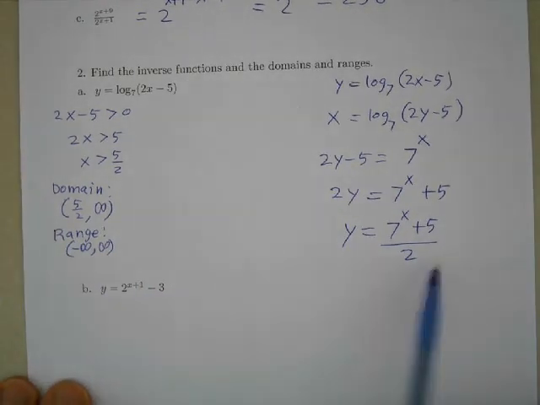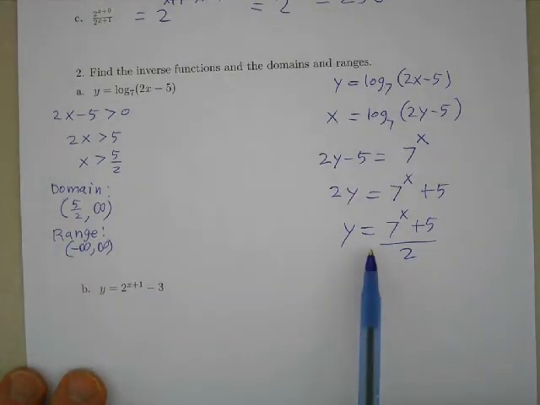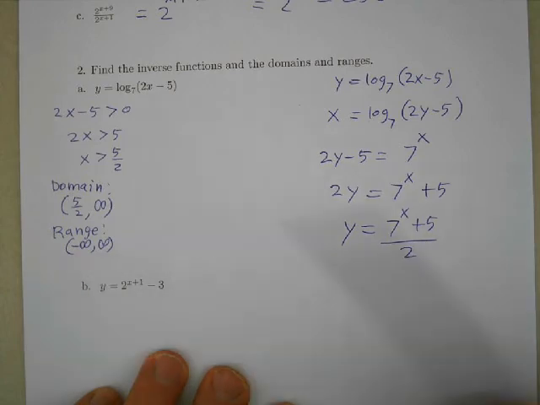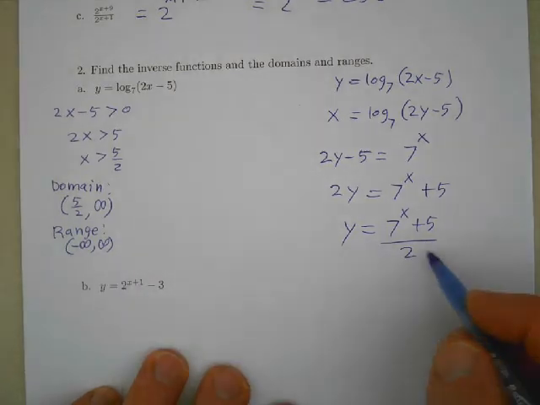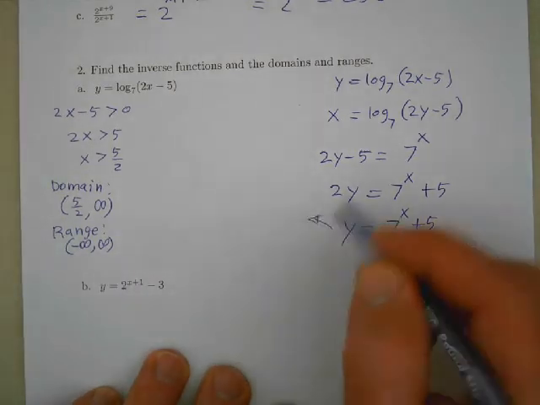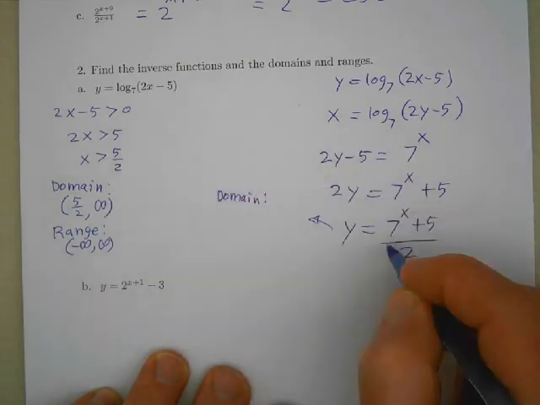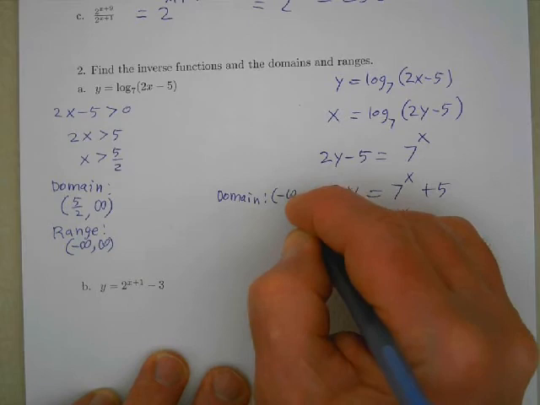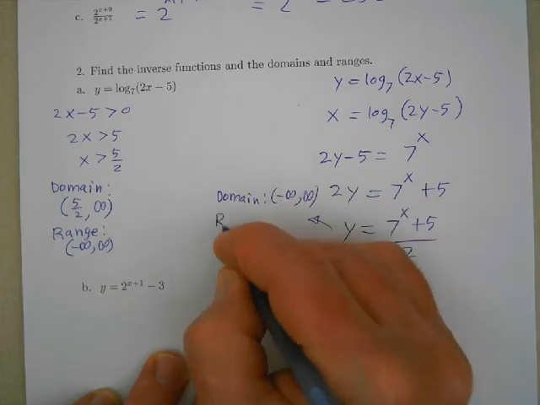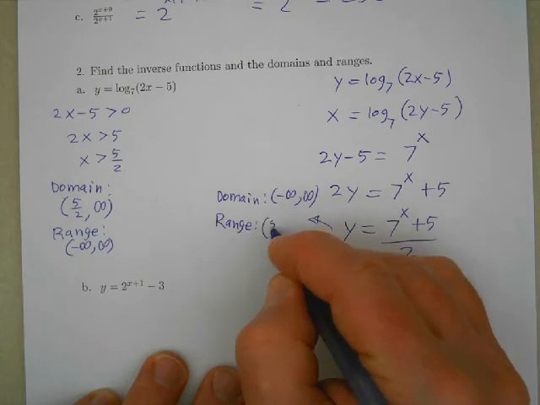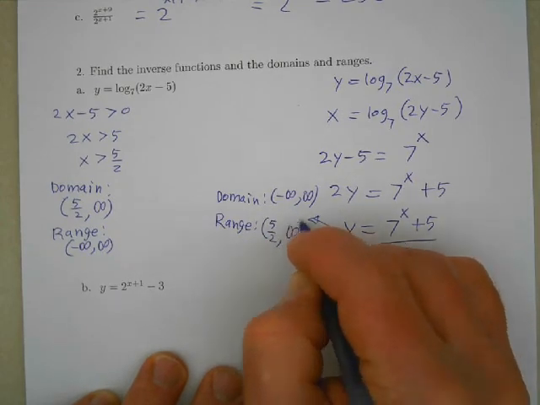Okay, so what do we know about the domain and range of the inverse? Well, we know the domain of the inverse is the same as the range of this function. So we'll write the domain of this inverse is all real numbers, and the range is from 5/2 to infinity.